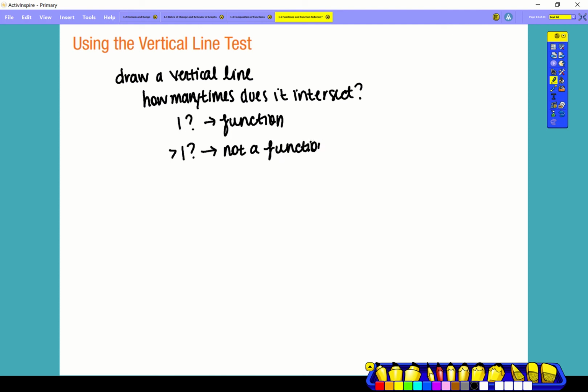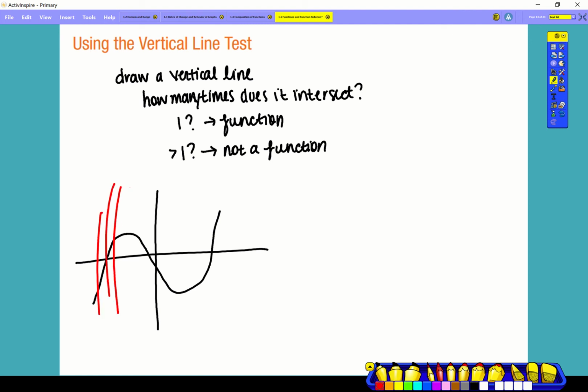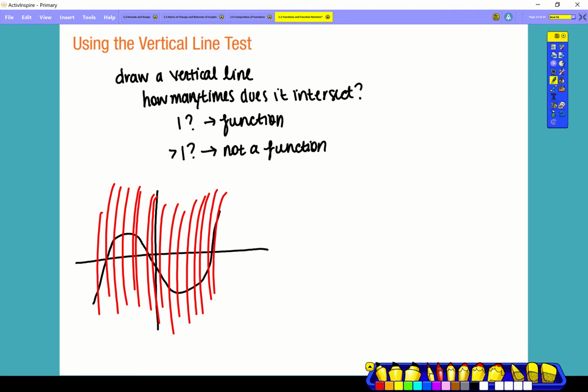So for example, let's take this guy, right? Any vertical line I draw will only intersect this graph once. So it is a function.